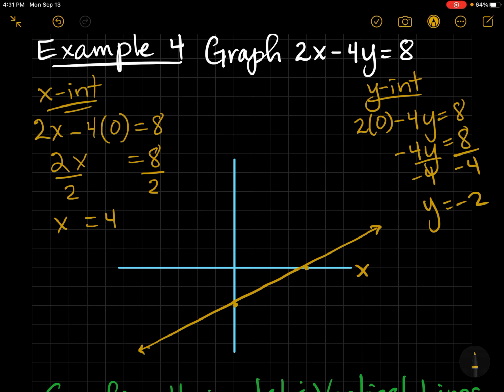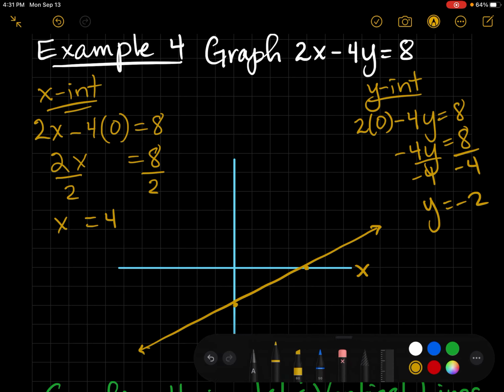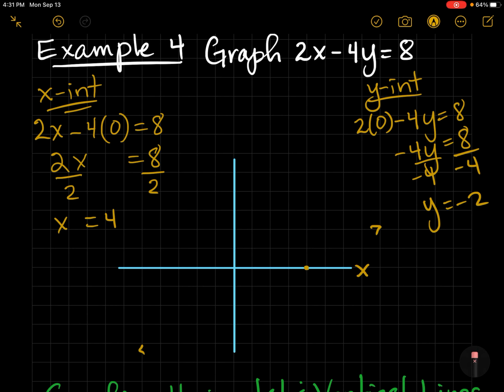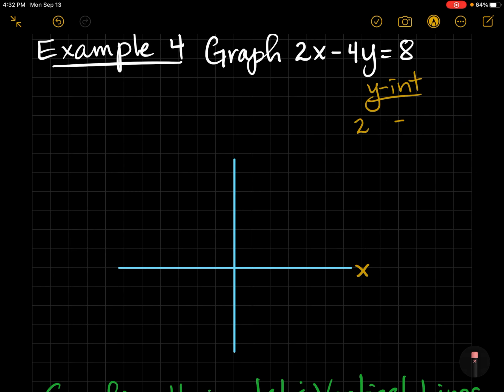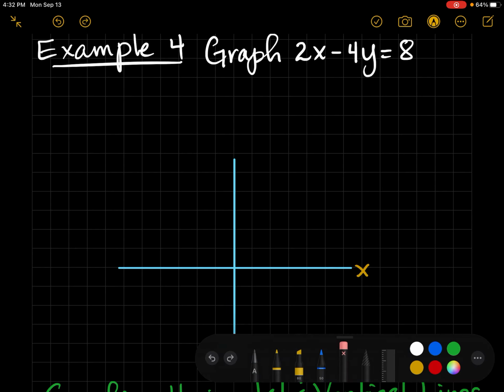Now, I'd like to show you this technique at full speed, okay? So I am going to go back one more time. I'm going to erase this just because I want you to see how easy this technique is. Okay, so what we're going to do is use the cover-up technique or the cover method. If I'm looking for the x-intercept, I'm covering, oops, I didn't mean to do that.